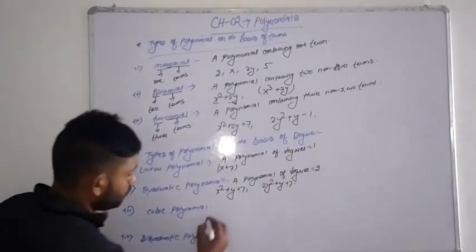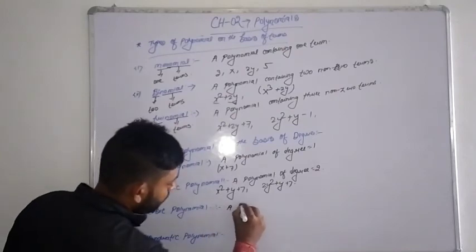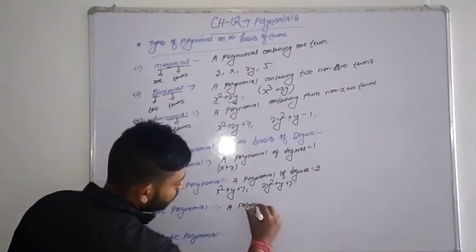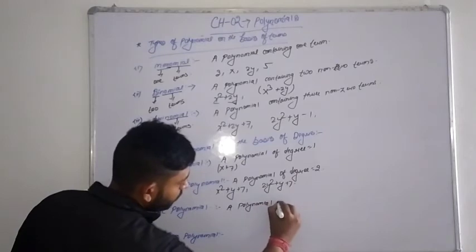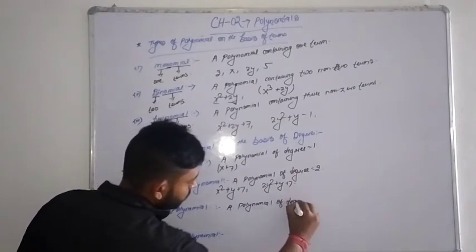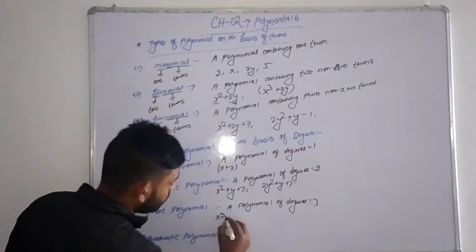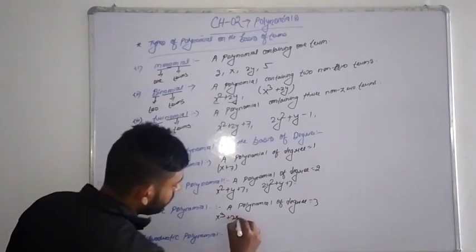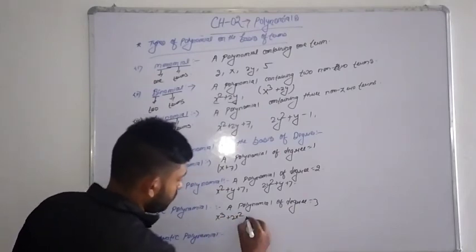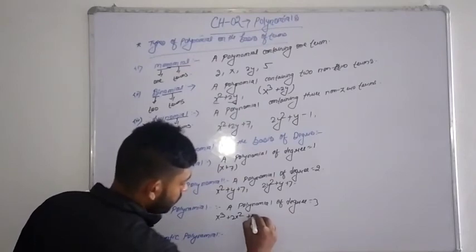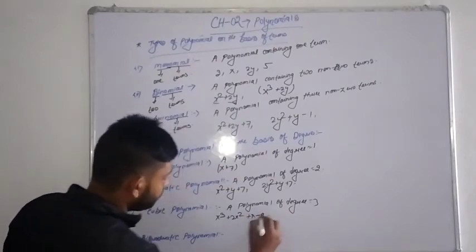Cubic polynomial: a polynomial of degree equal to 3, for example x cube plus 2x square plus x minus 9.